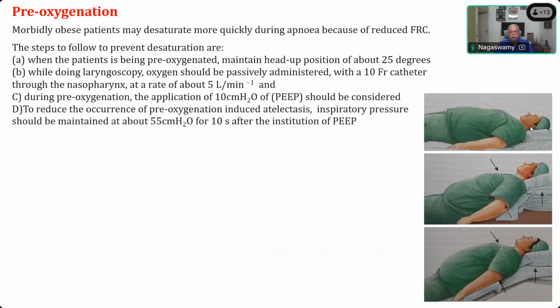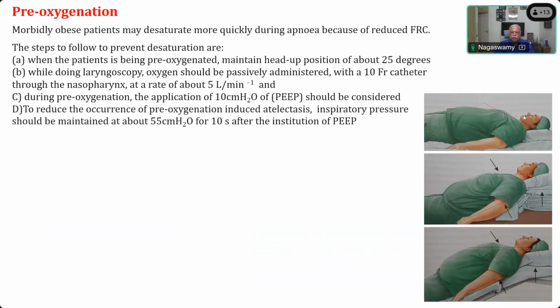And this is the reason why you have to give the so-called ramped up position for a patient to achieve good ventilation. Because if you see the non-ramped up position, access is very difficult to achieve, to visualize the larynx. Whereas if you get the alignment between the external auditory meatus and the suprasternal notch, then your mouth opening, your laryngoscopy, your visualization, everything will be easy.